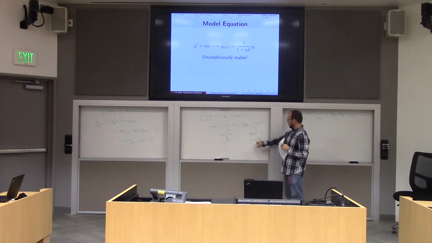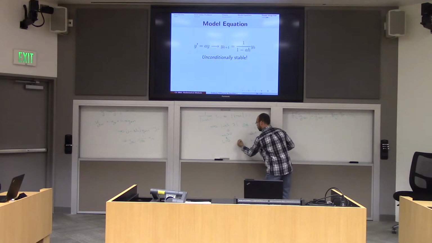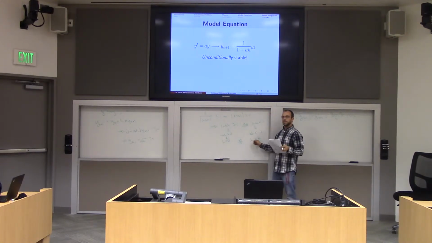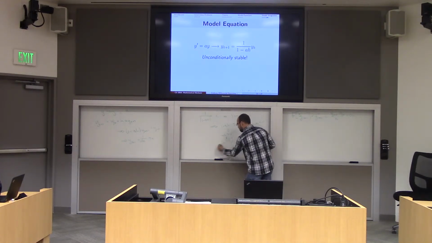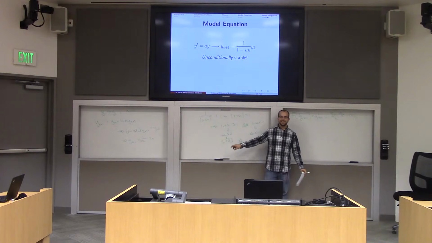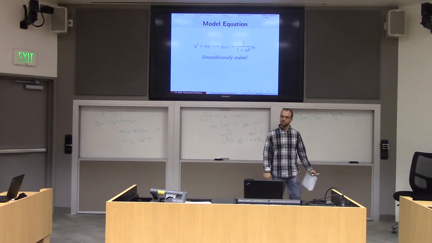And remember that this is an or. So we need to satisfy one of two conditions. Either h is positive, or I don't even care what. In particular, for any positive time step, this backward Euler method, despite my many proof mistakes, is stable. Hopefully I haven't totally confused you guys.